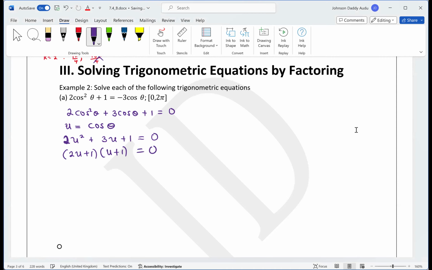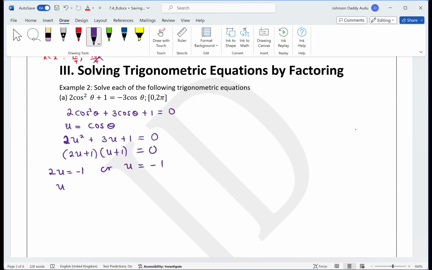So here, what does that mean? It means that u plus 1 equals 0, so u equals minus 1. Or we can directly say, since the product equals 0, that 2u has to be minus 1, or u has to be minus 1.